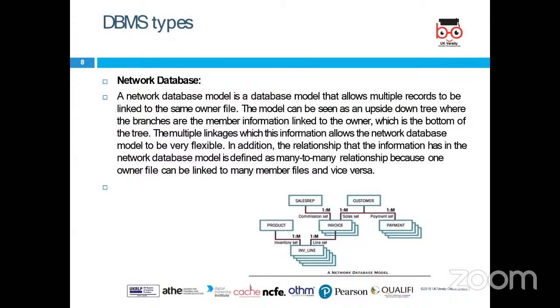When it comes to the network database, it's simply a model where multiple records can link to the same owner field. So we basically created a network where all of them can communicate, and they all go back to a single file.